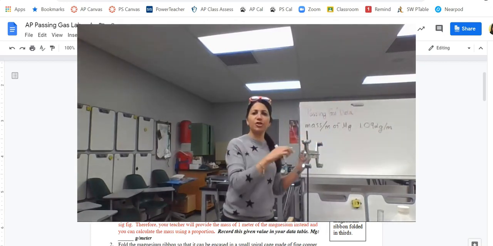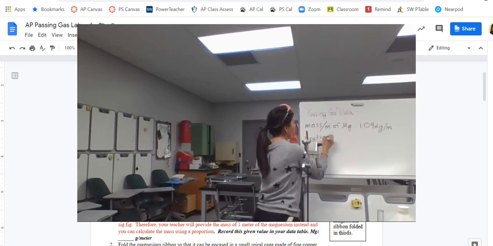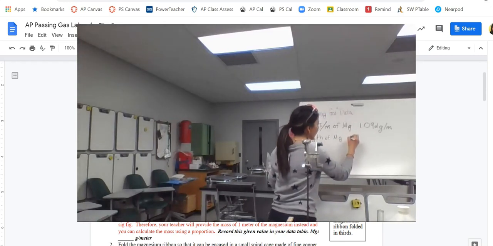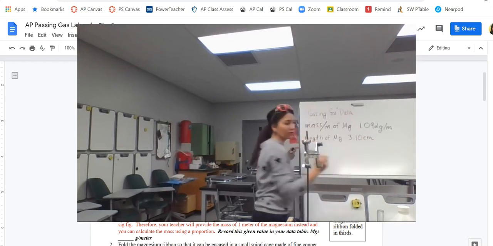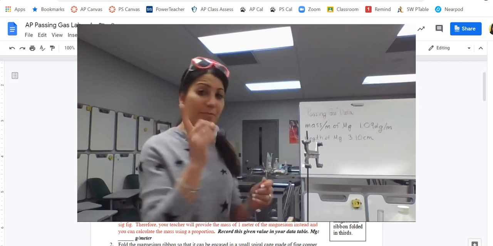And I told you that for ours, I actually measured out the length of the magnesium that I cut out, and I cut out a 3.10 centimeter length.